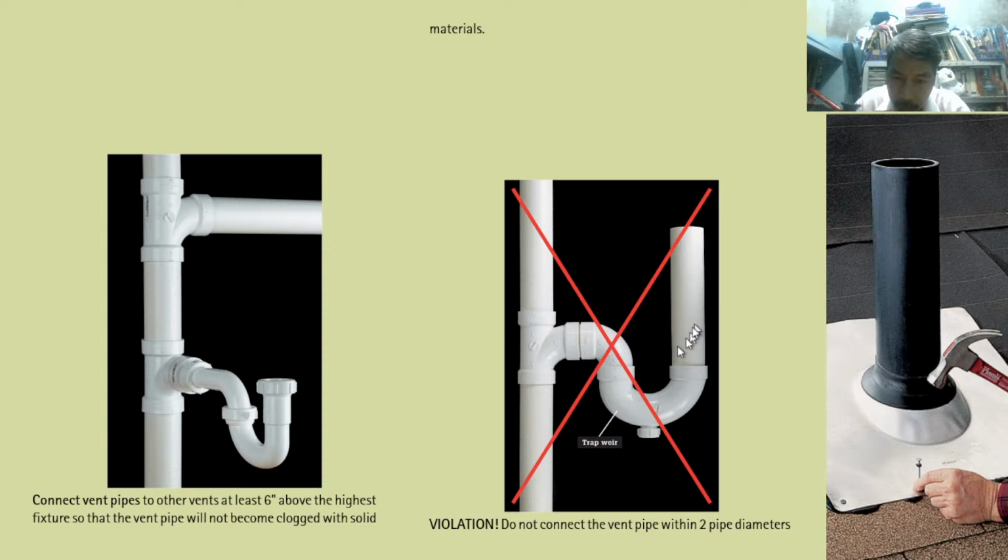So this is the pipe diameter. The distance from this point to this point must be more than 2 diameters of that pipe. That's why it is a violation. It needs to be a little bit farther, not closer than this.